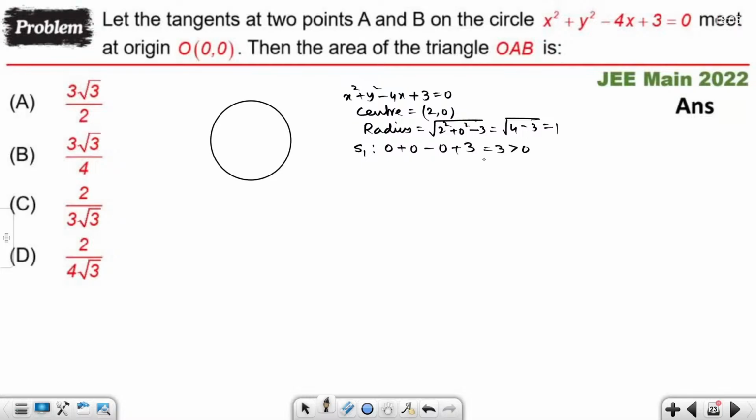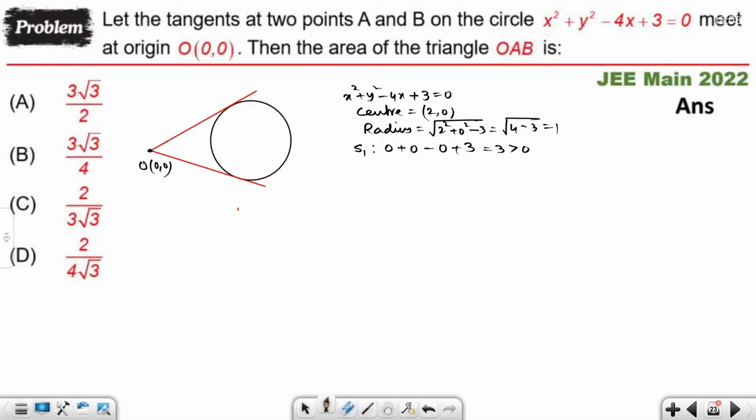It means that the origin is outside the circle. Okay, so origin is somewhere outside the circle, and let me draw two tangents which are intersecting at the origin. Is it clear? So this is my origin 0, 0, right?